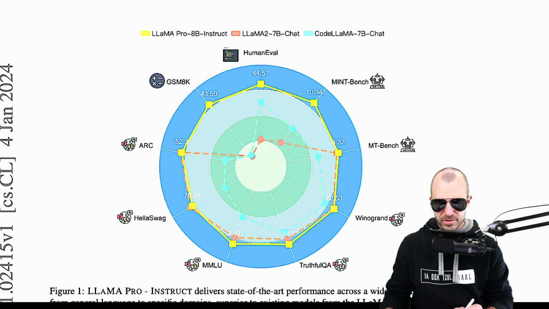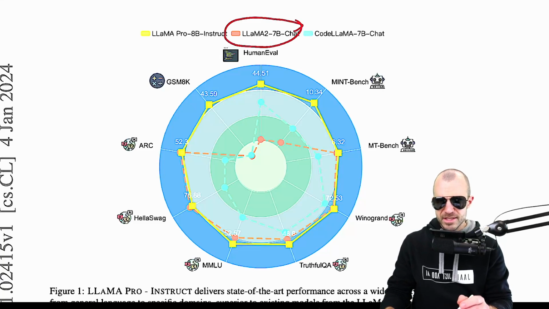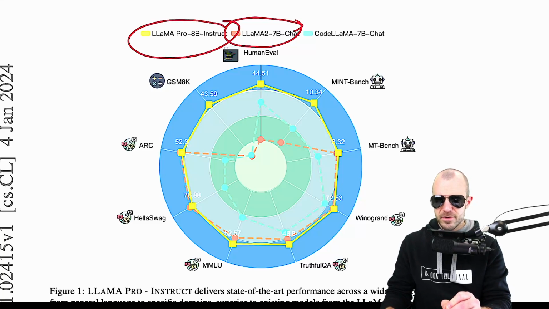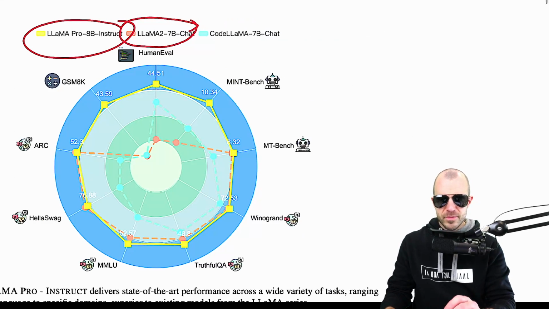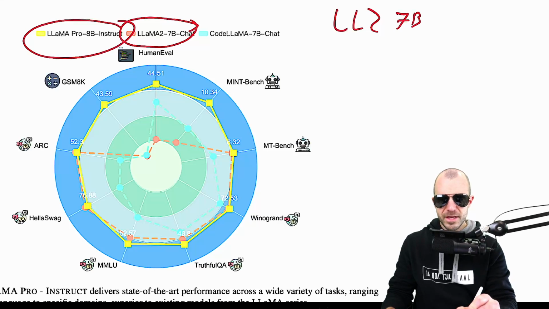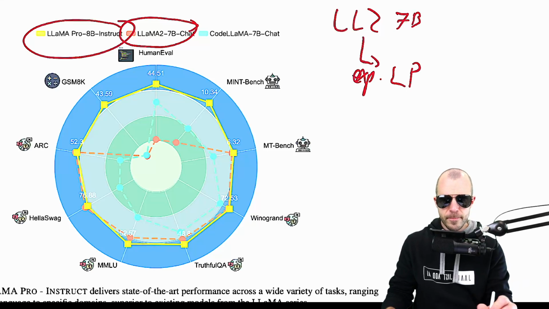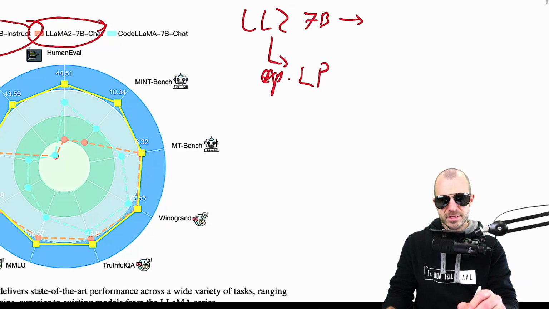So in this particular case, you can see that the LLaMA they originate from, now this is LLaMA chat, but the comparison here is a bit weird, but this is LLaMA chat and they compare it to their instruct. But what actually happens is there is the LLaMA 2 base model 7B. They take that, they expand it to their LLaMA Pro, and then this one gets instruction tuned to become the chat model.